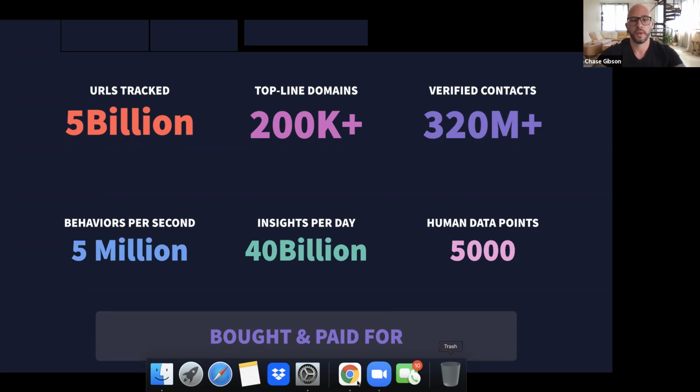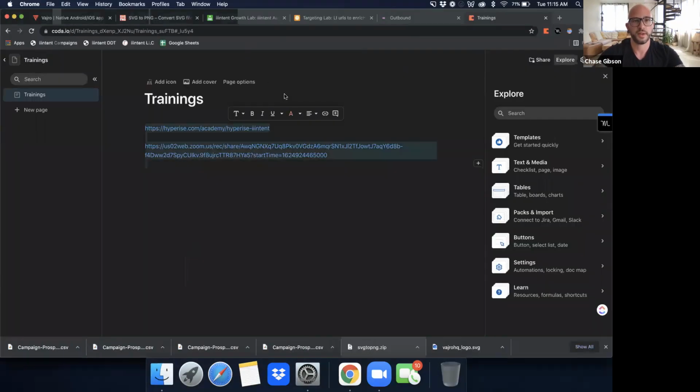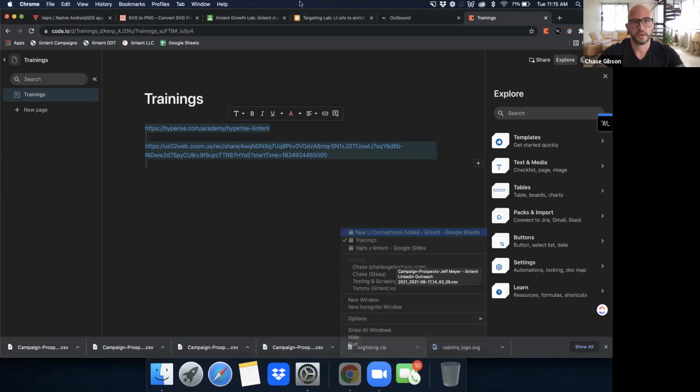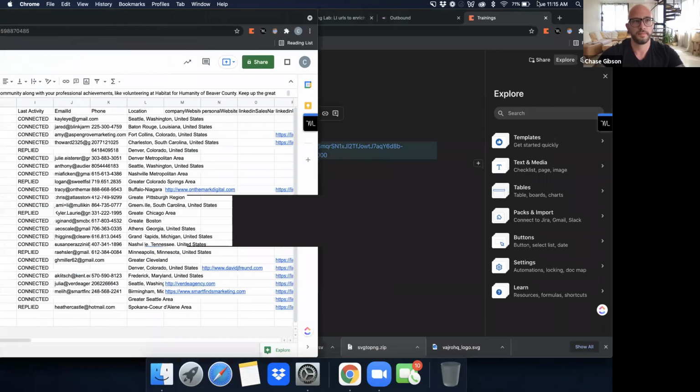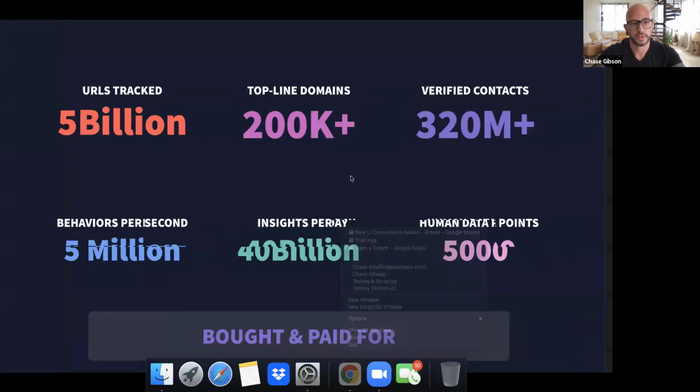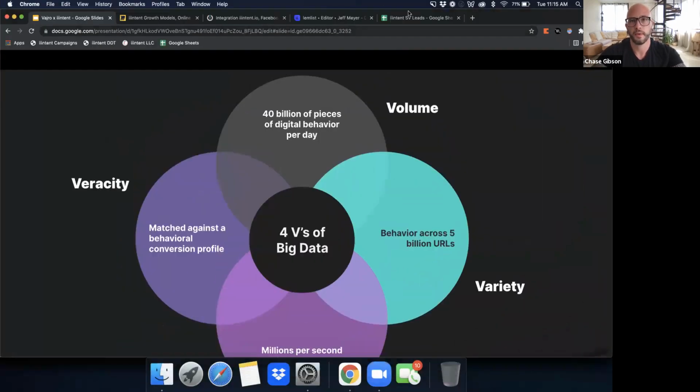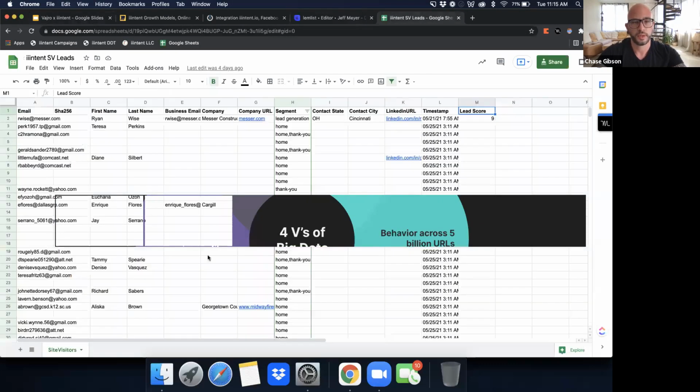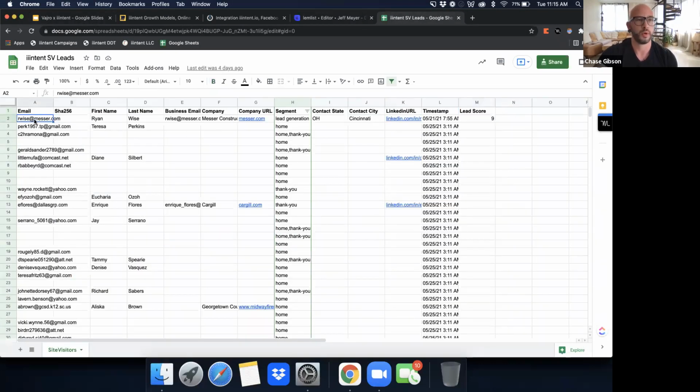But what you're going to end up with is basically a data feed of everyone that's coming to your website. So it kind of looks like this. Sorry, apologies. I think I'm in the same screen here. So using the pixel, we'll get their email, we'll get first name, we get last name.